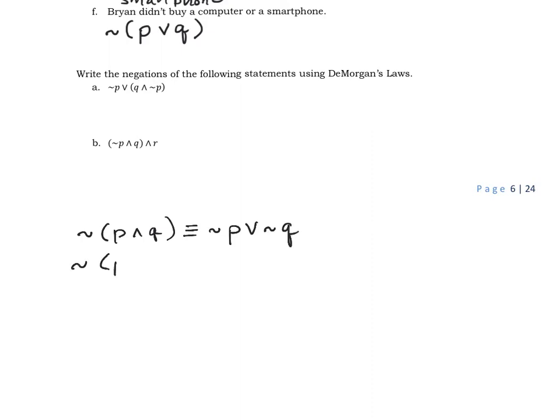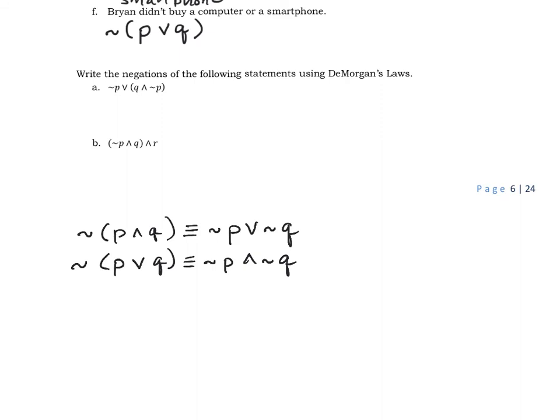So I think you could probably figure out that if we had a disjunction negation, that's going to be equivalent to a conjunction of the negation of the two statements. Okay? So they're asking us to write negations of the following statements using De Morgan's law. And I'm just going to keep this in symbols right now. Let's just make life a little bit easier here.